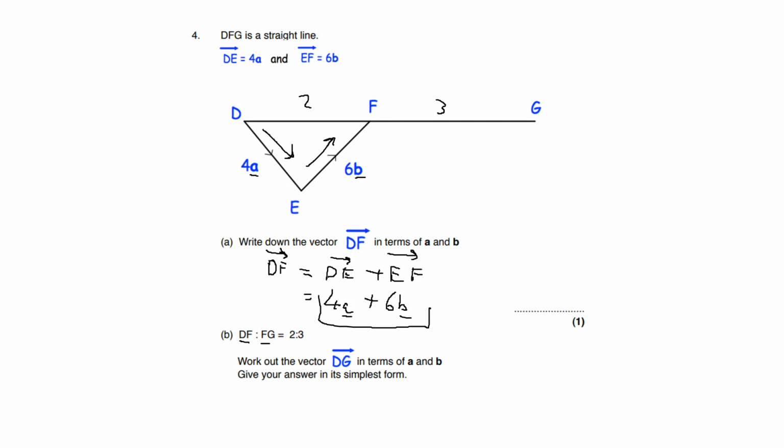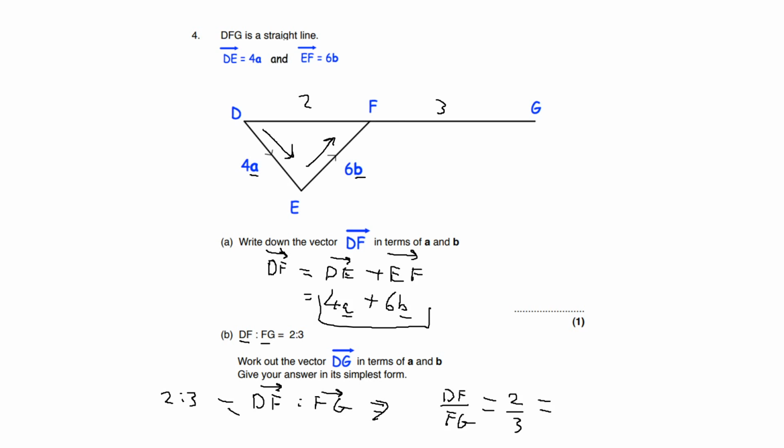Well, we know that DF to FG, 2 to 3, is the same as writing that, which means that DF over FG is the same as 2 over 3.